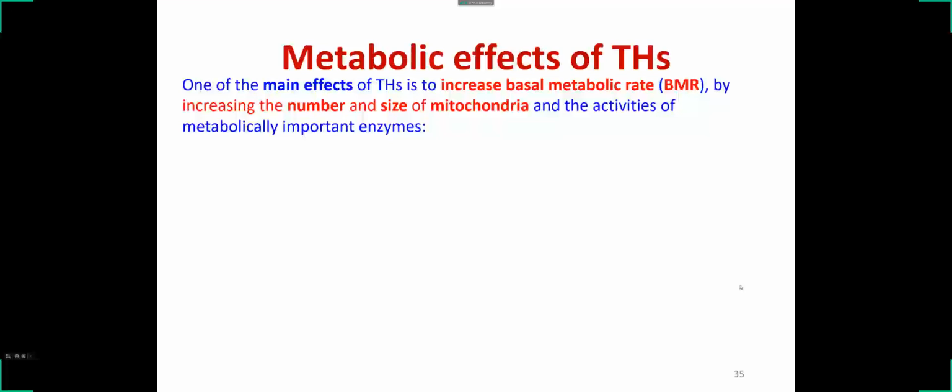So just to go on the review of the metabolic effects, we have basal metabolic rate changes.